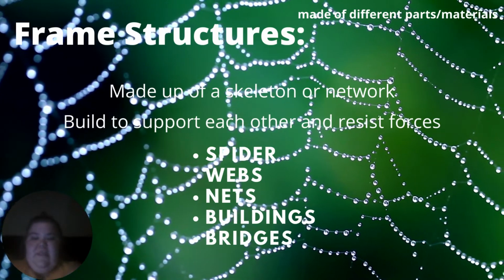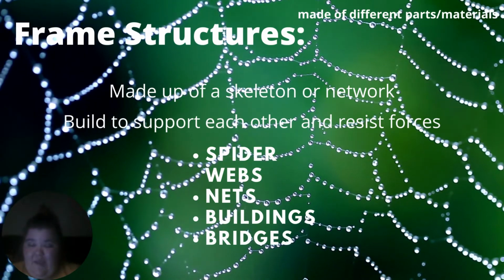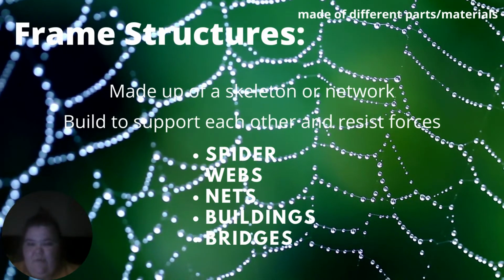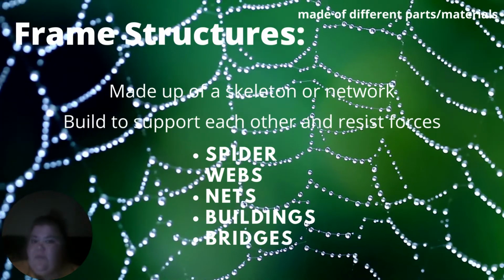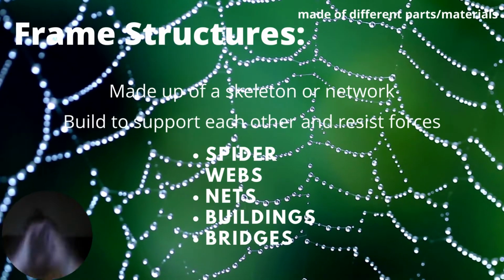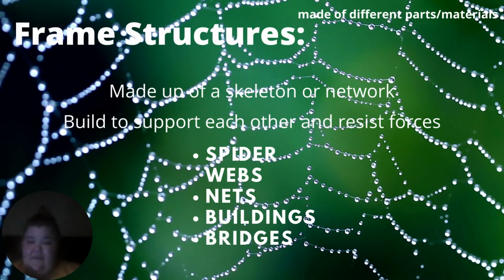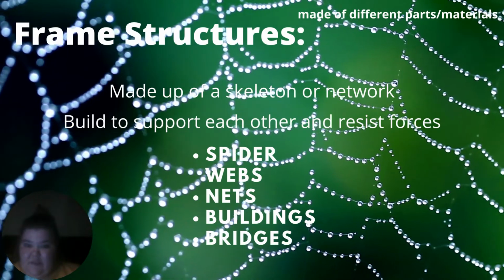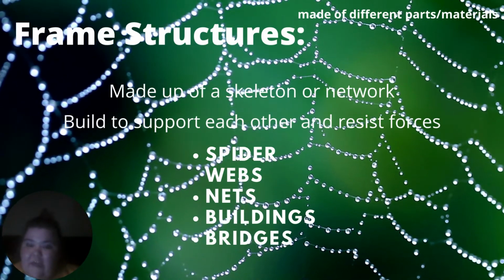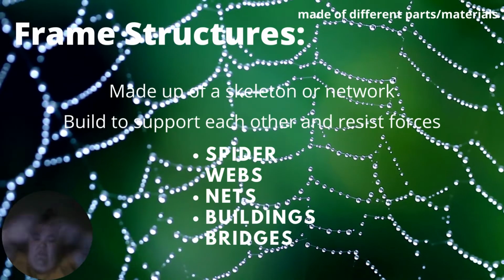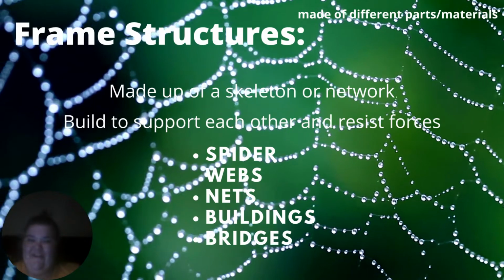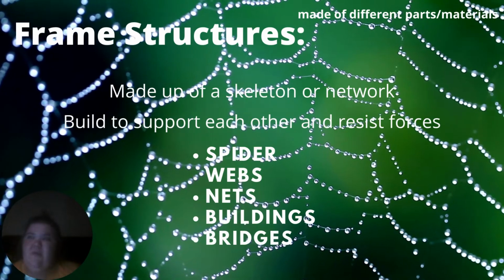So there I've got spider webs as an example. I have a net as an example. Like I said, with a goalpost, we have our net and our frame, and that makes a frame structure. Then we have buildings, because buildings are made out of steel frames.